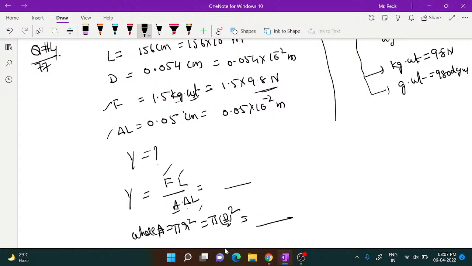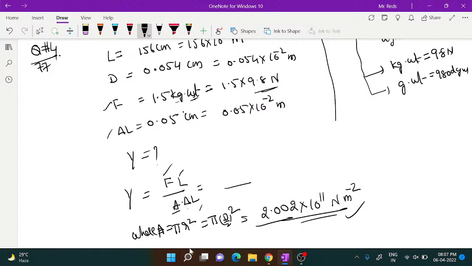Then you will get approximately 2.002 into 10 to the power 11 Newton per meter square, or Pascal.